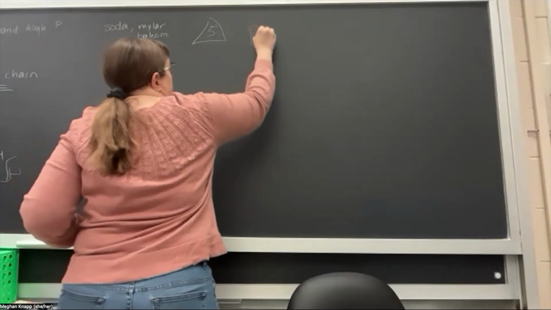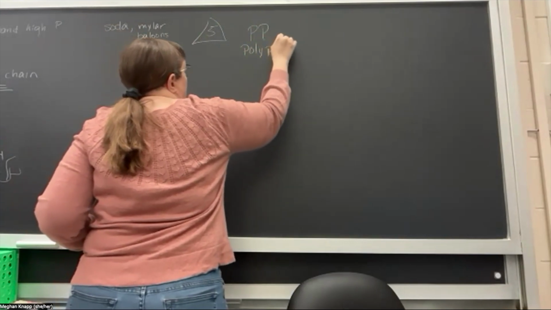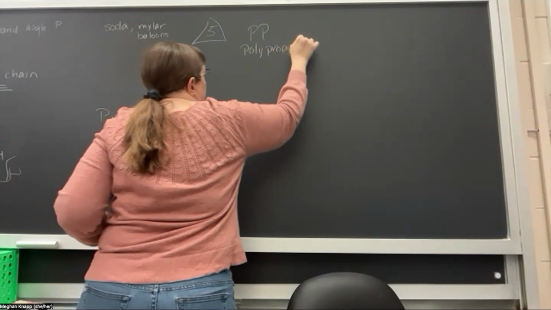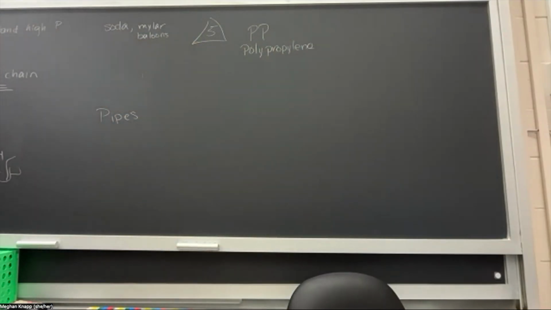Number 5 is polypropylene, which is just like polyethylene, but ethyl means 2 carbons and propyl means 3 carbons. So we start with a molecule that has a double bond and a single bond, and so we have little things sticking off of it.